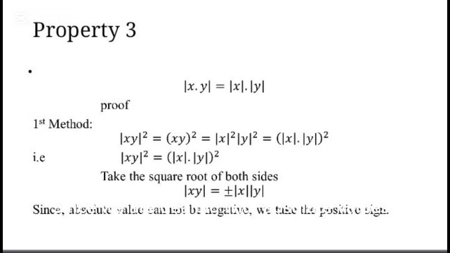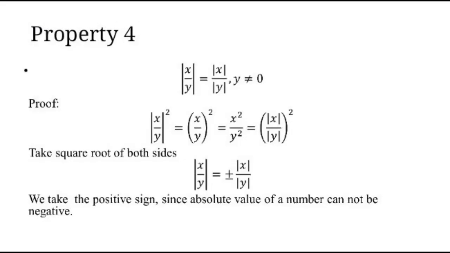Since we are dealing with absolute values which are never negative, we ignore the negative sign and take only the positive result. That gives us the final answer. The absolute value of x times y is equal to the absolute value of x multiplied by the absolute value of y. We have proven in full that the absolute value of a product is equal to the product of the absolute values.